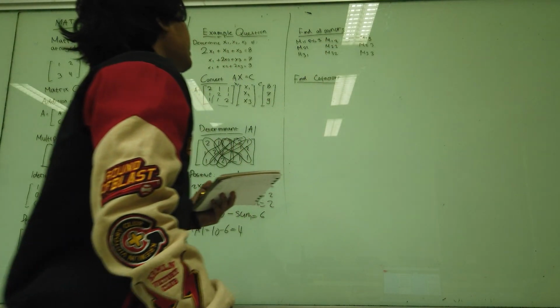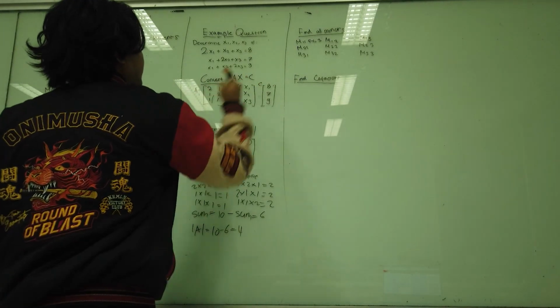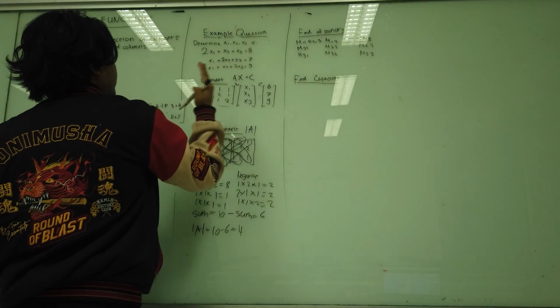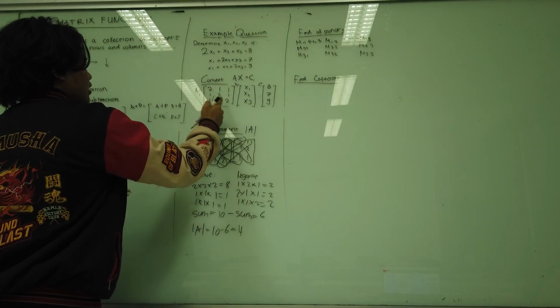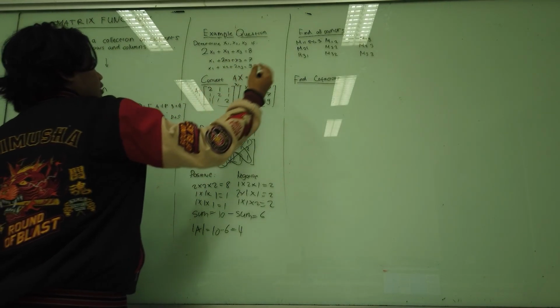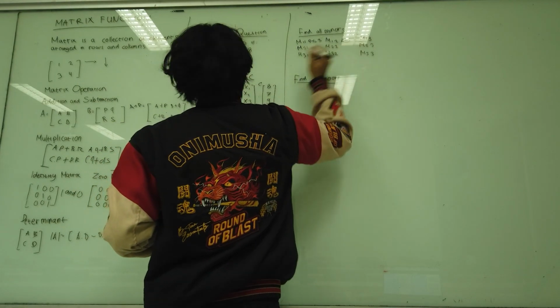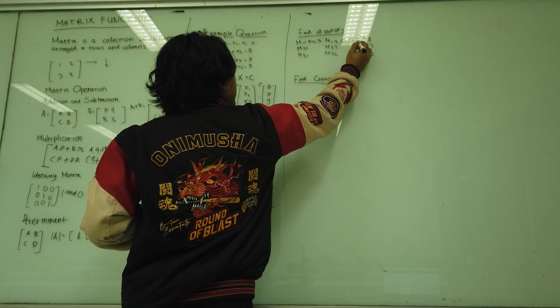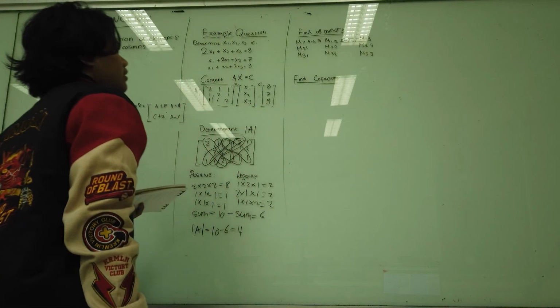And then next up is M12. That means the first row and the second column, which we get 1, 1, 1, 2. 1 times 2 is 2, minus 1 times 1 is 1. The result is 1.